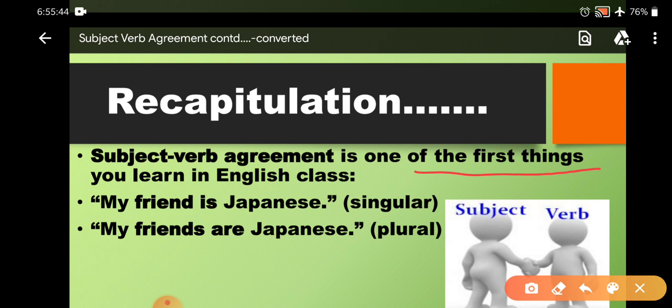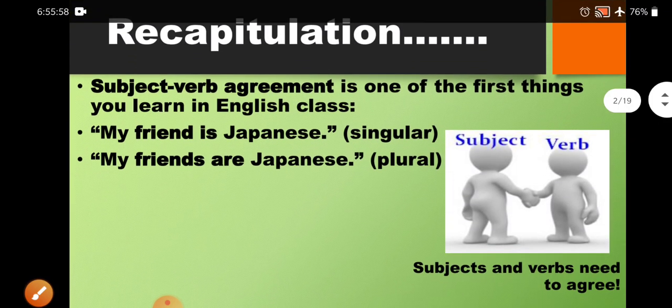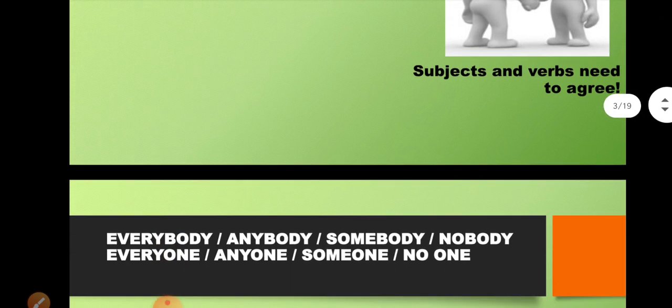My friend is Japanese and my friends are Japanese. Such sentences you would have done probably in your primary classes, I would say. So subject and verbs, of course, need to agree with each other.